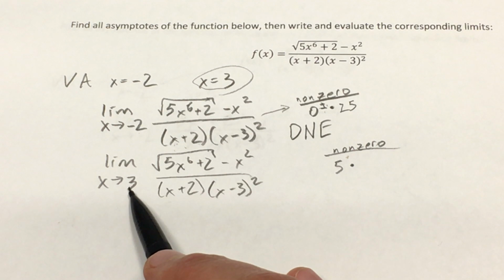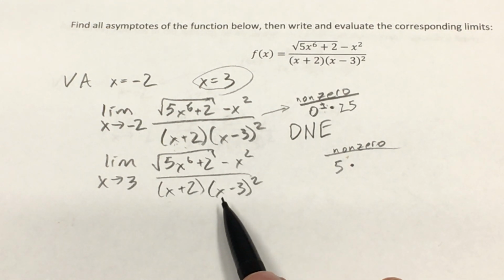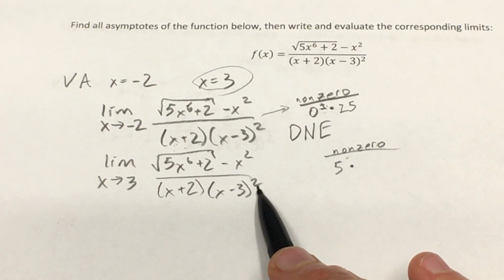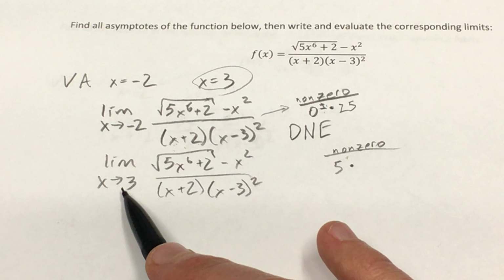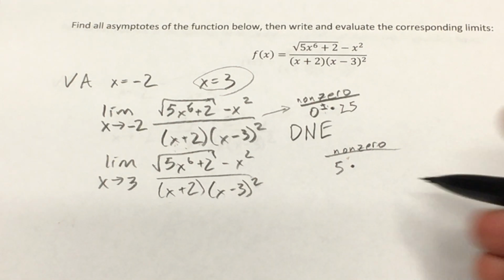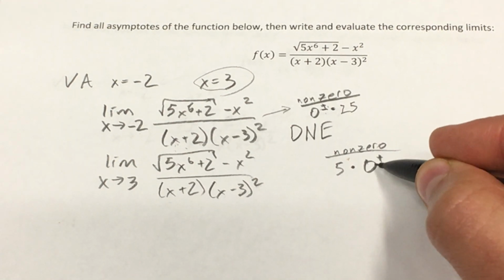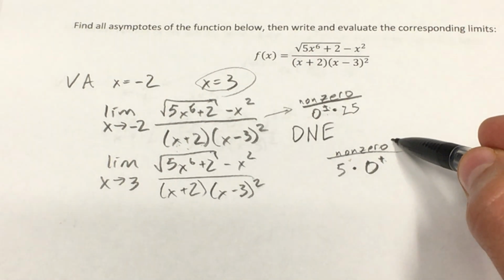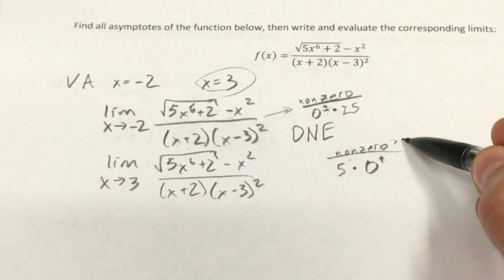Notice, this limit could come from the left or the right. If it comes from the left, this is going to be like a -0.1, -0.01, but we square it, and so it's positive. And then if it comes from the right, it's positive, and we square it, and it's still positive. So this is going to 0, but it's positive, right? So this is non-zero. Maybe I should say it's non-zero and positive, right?